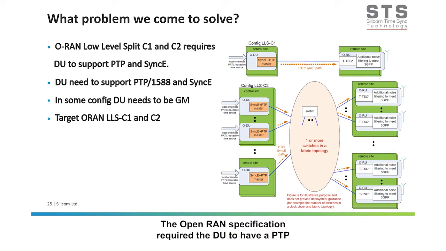The Open RAN specification required the DU to have PTP and SyncE support. What Silicom did, we developed our own unique IP that supports 1588, SyncE, and other time synchronization standards to support low-level split C1, C2, and C3 configuration.